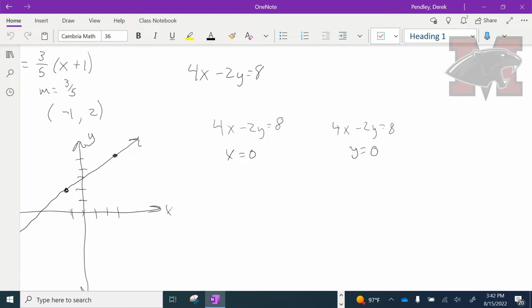So if I substitute 0 for x, that cancels out. 4 times 0 is 0, so I have negative 2y is equal to 8. Divide by negative 2. I get y is equal to negative 4. So I have an ordered pair point on the coordinate plane where x is 0 and y is negative 4.